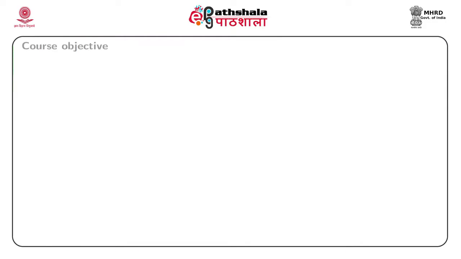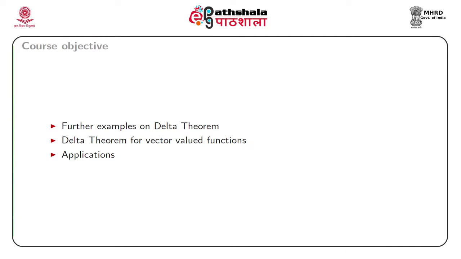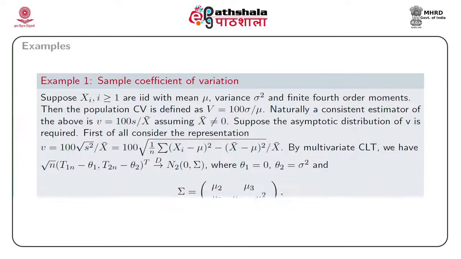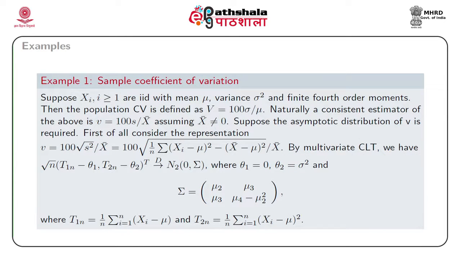So, in this module, we start with finding the large sample distribution of the sample coefficient of variation. This is an application of the delta theorem we discussed in our last module. Suppose x_i are IID with mean mu and variance sigma square, and we assume that the fourth order moments are finite.